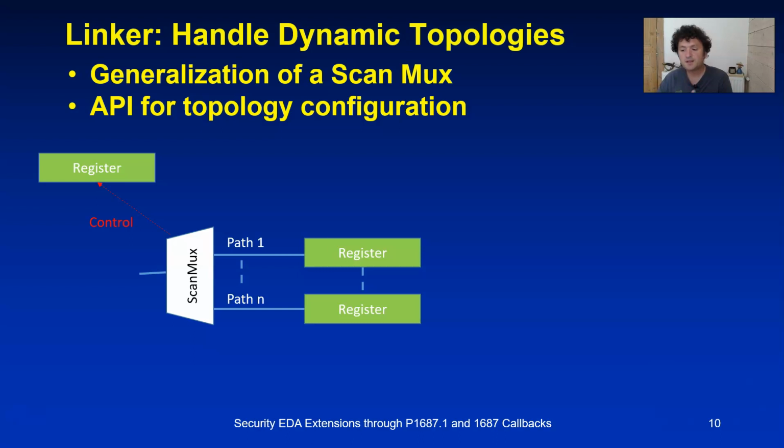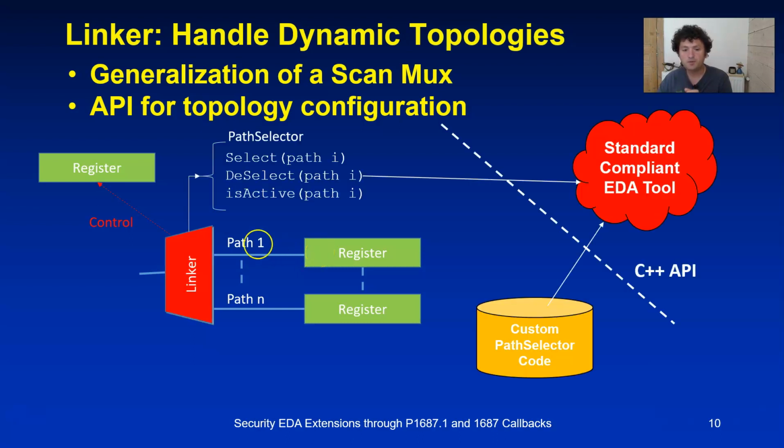If we abstract it from a functional point of view, we end up defining just 3 possible operations on this linker, as we will call it. So you can try and select one of these registers, you can deselect when you don't need it anymore, and at a certain moment in time you might query the status of a linker to know which path is active at the time.